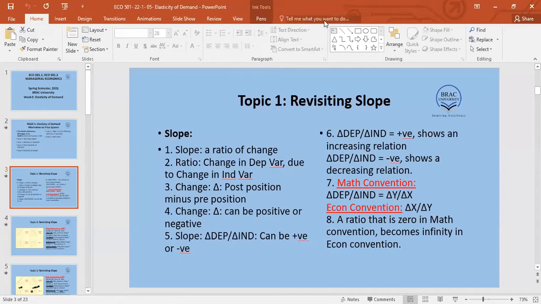Visually, what does this imply? In the mathematics convention, if we find del y by del x is equal to 0, then in the economics convention, we will find the opposite. Del x by del y becomes infinity. Right? Yes, sir.